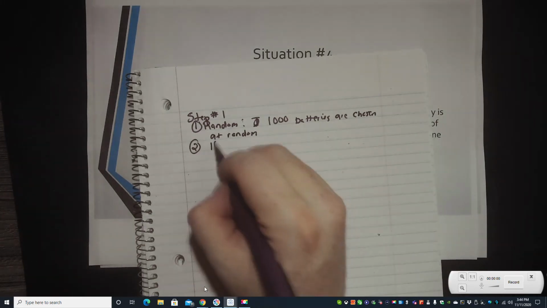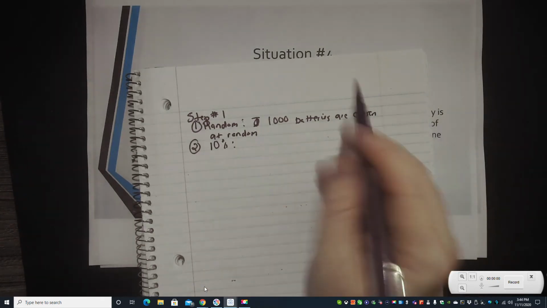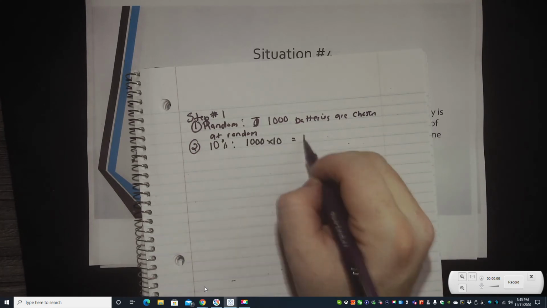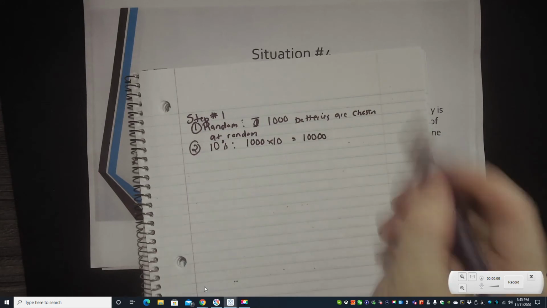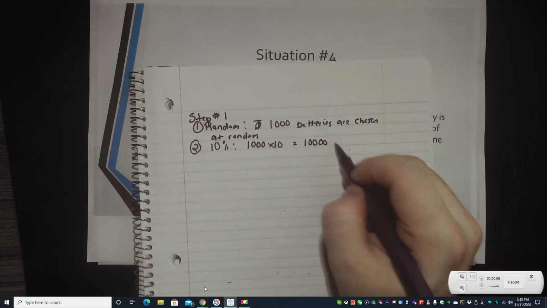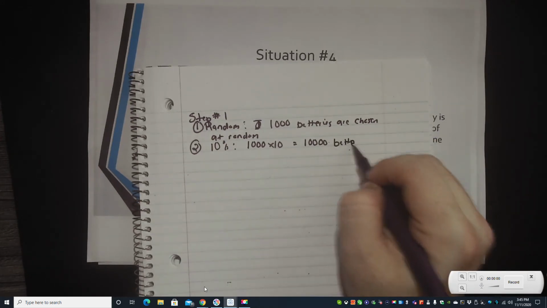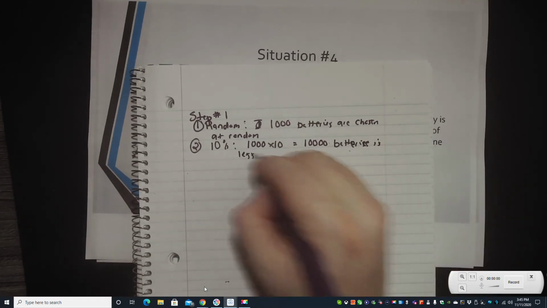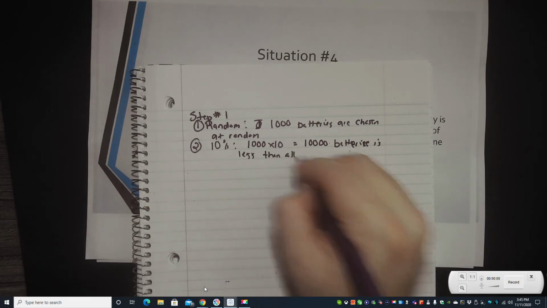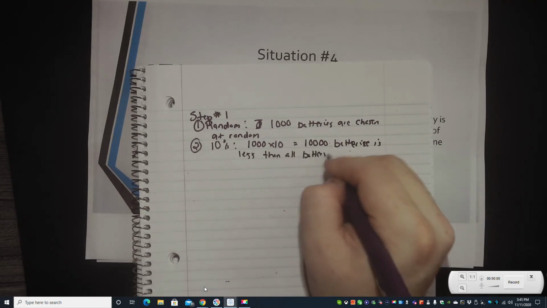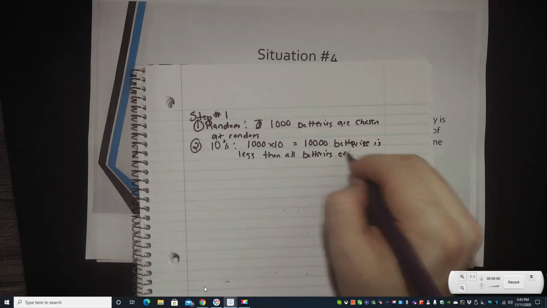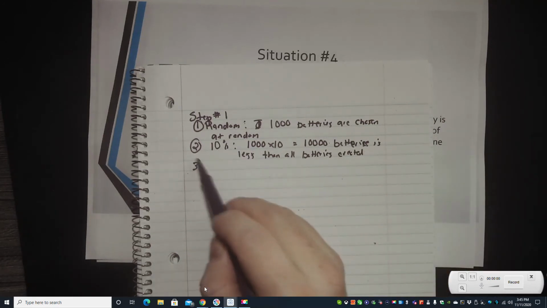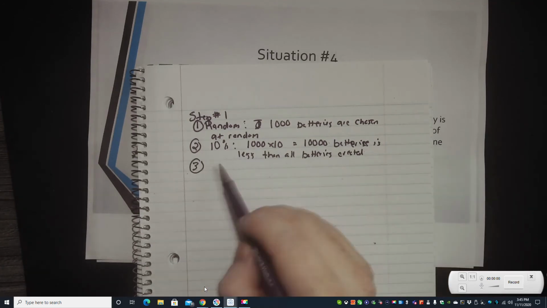Step 2, the 10% condition. We can say 1,000 times 10 equals 10,000. So 10,000 batteries is less than all batteries created ever. And 3, success failure.